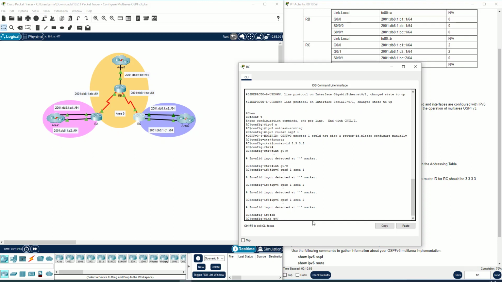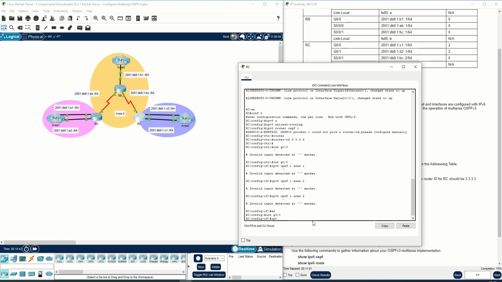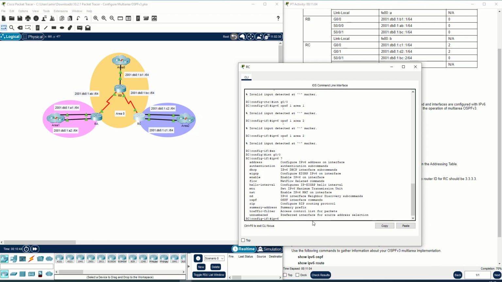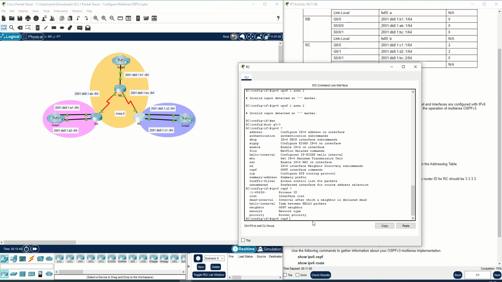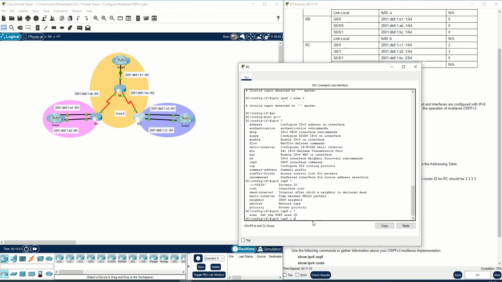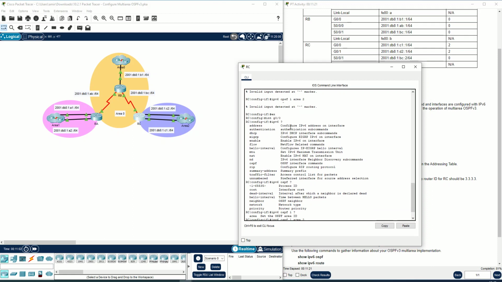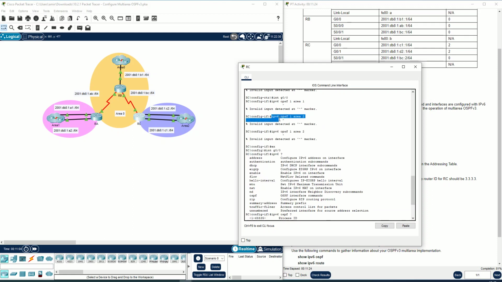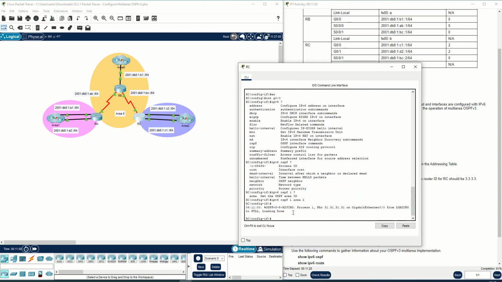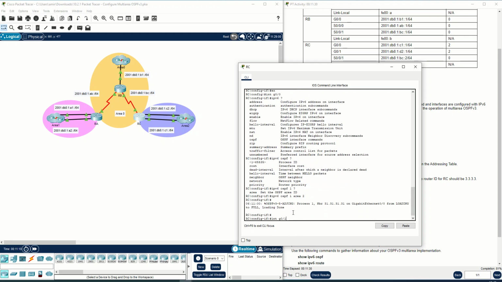Interface G0/0, IPv6 OSPF number 1, area. Also, this is number 2. IPv6. Oh, I have written OSPF wrong here. Excuse me, my bad. And G0/1.